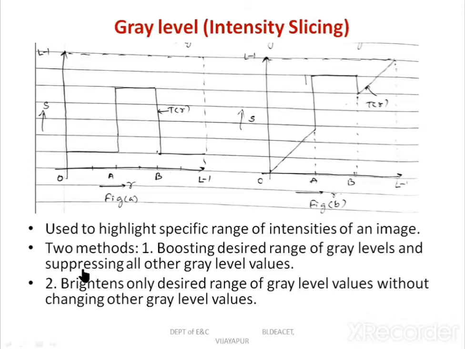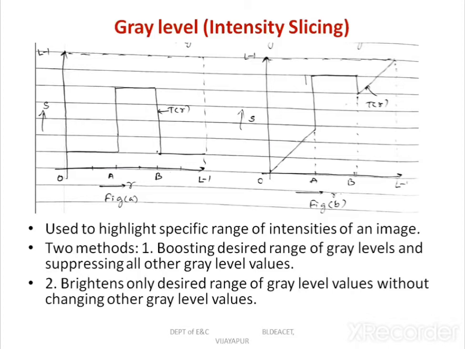Here we can apply two methods, as shown in figures A and B. If you observe figures A and B, in the first method we boost the desired range of gray levels and suppress all other gray levels of the image.